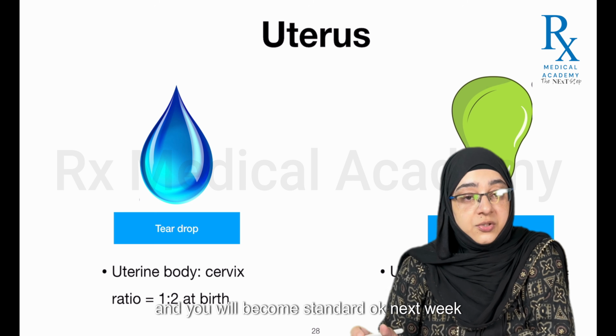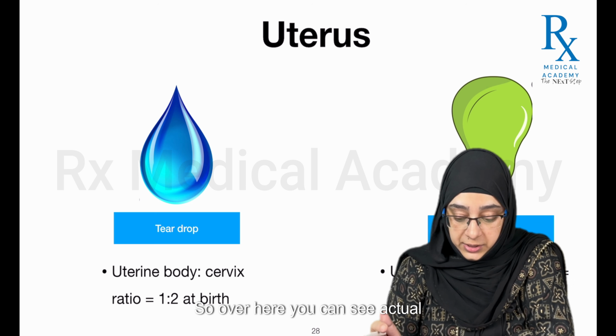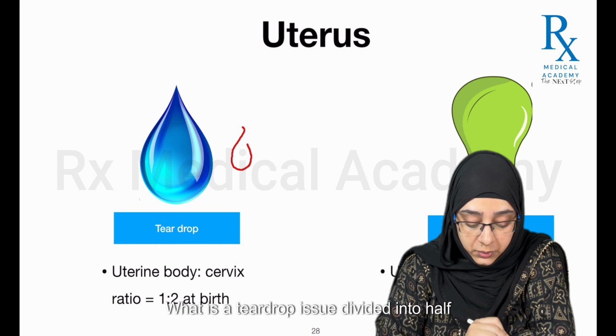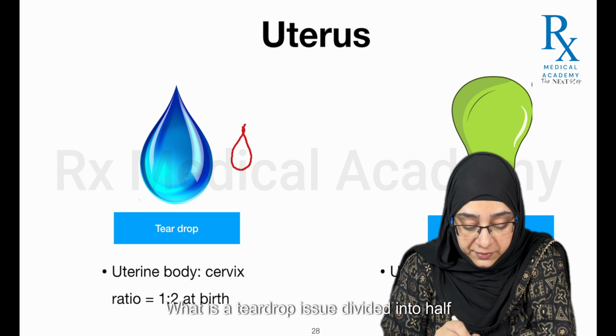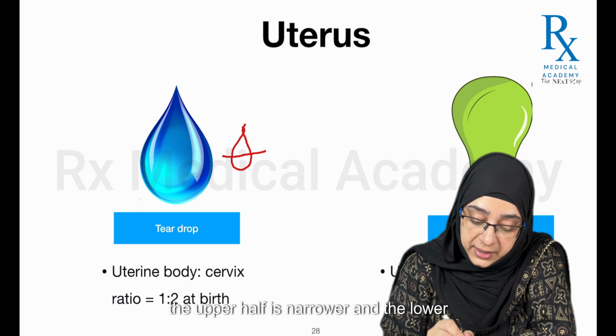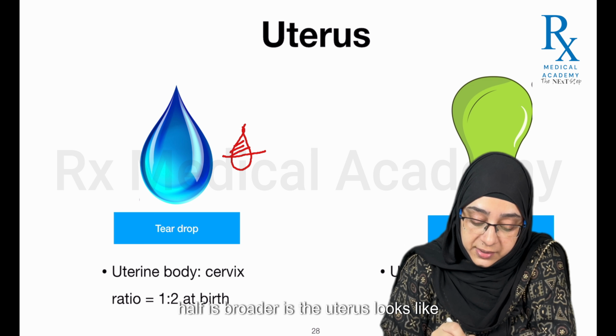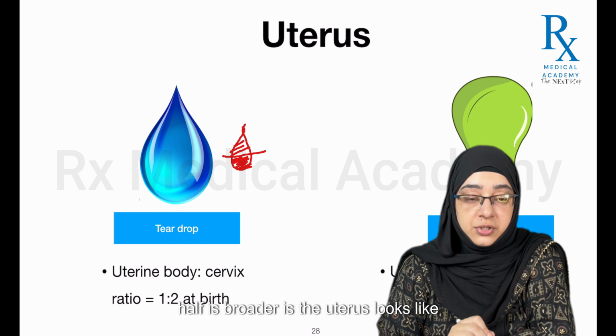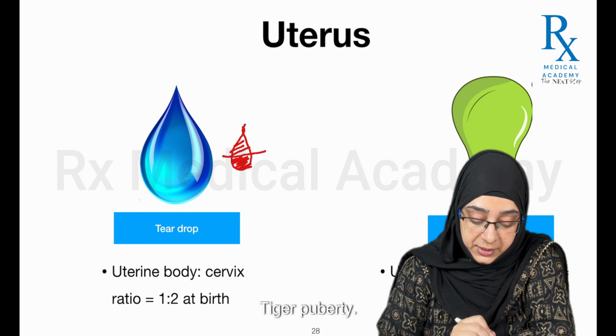Okay, next we come to the uterus. So over here you can see a teardrop. What is a teardrop? If you divide it into half, the upper half is narrower and the lower half is broader, isn't it? This is how the uterus looks prior to puberty.